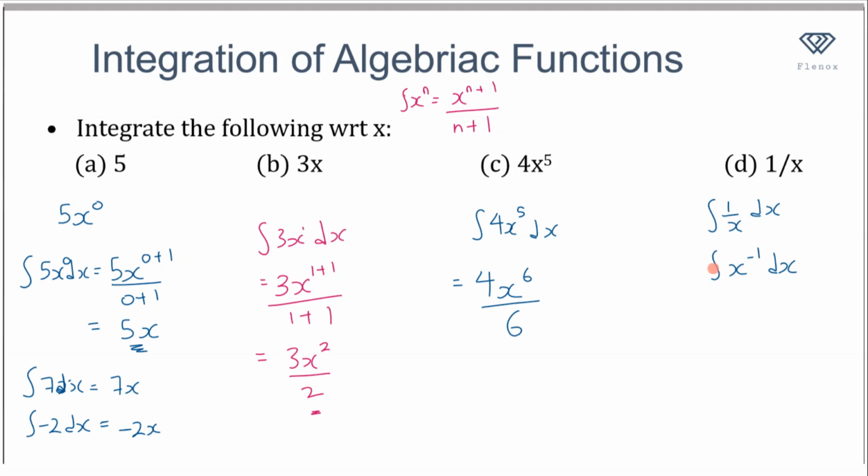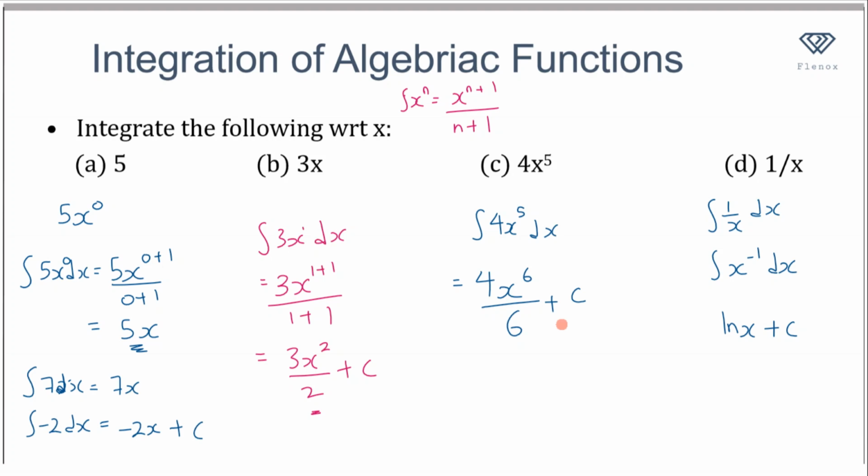So based on what I've explained before, when you integrate x to the power of minus 1, you get ln x, plus your constant of integration, which I've omitted there. So you have plus your constant over here also, and plus your constant over here. Always take note never to forget adding your constant of integration. So this is what it is.